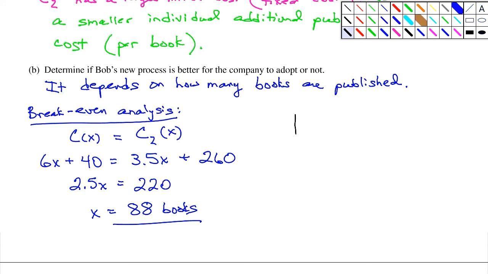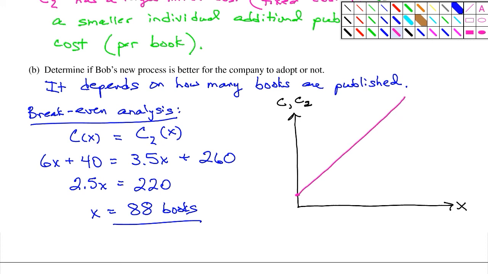So let's do a graph. Here's x. Here's C and C2. And I'm going to graph C first. C had a y-intercept of 40 and a slope of 6. So pretty steep going that way.